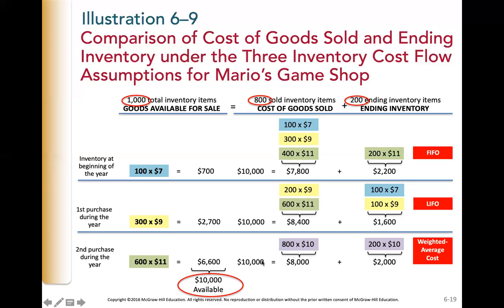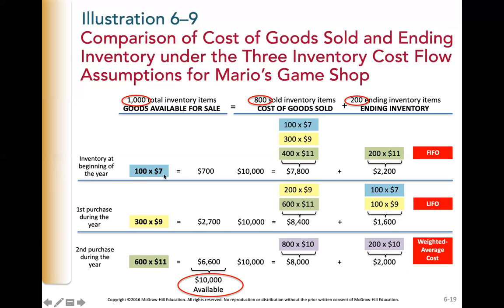Lastly, under weighted average, again, same total cost of goods available for sale. This time, with our weighted average of $10, we had $8,000 in cost of goods sold and $2,000 in ending inventory. Over here, you'll see our different purchases.